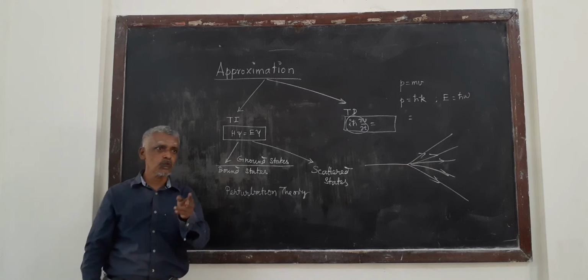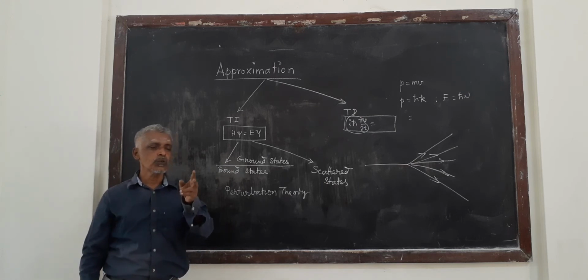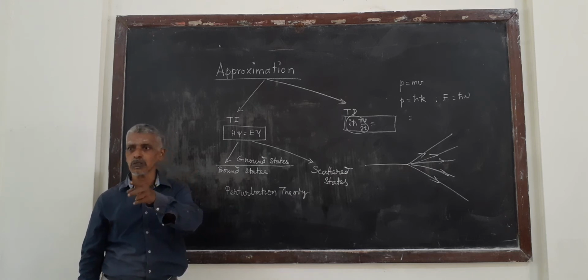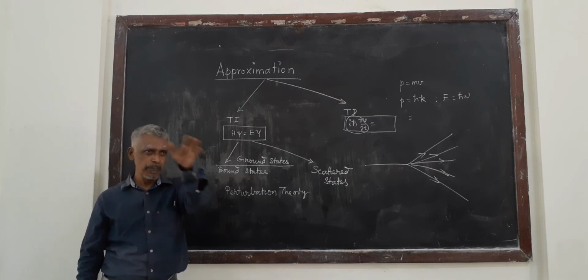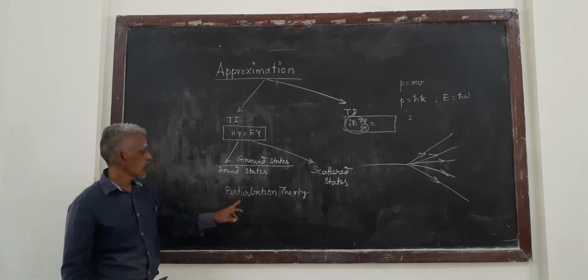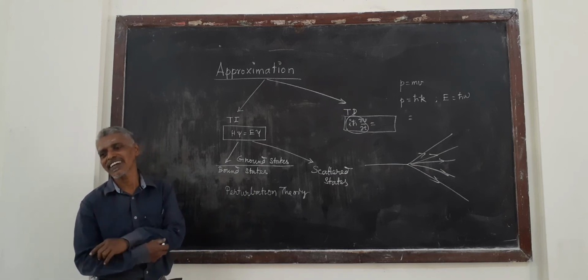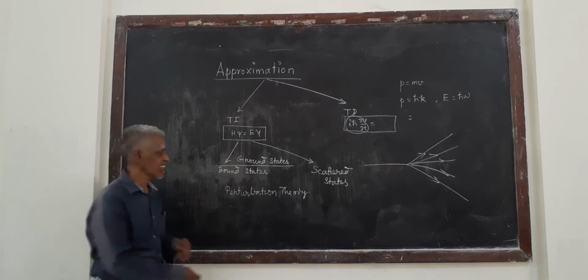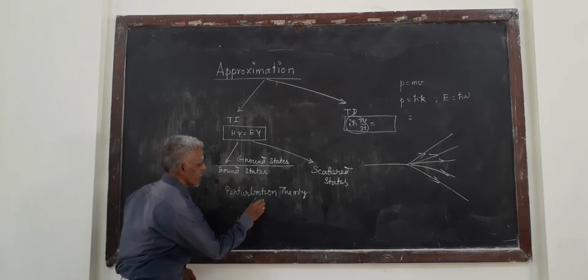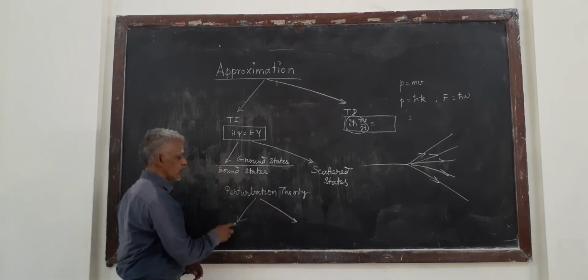In your syllabus, you have 2 types of theories under the approximation method: time independent and time dependent. So I am confining myself to perturbation theory, and under this there are 2 special cases. What is one?